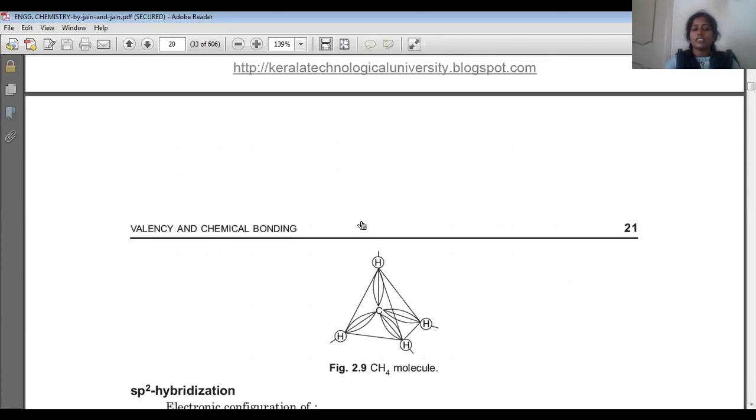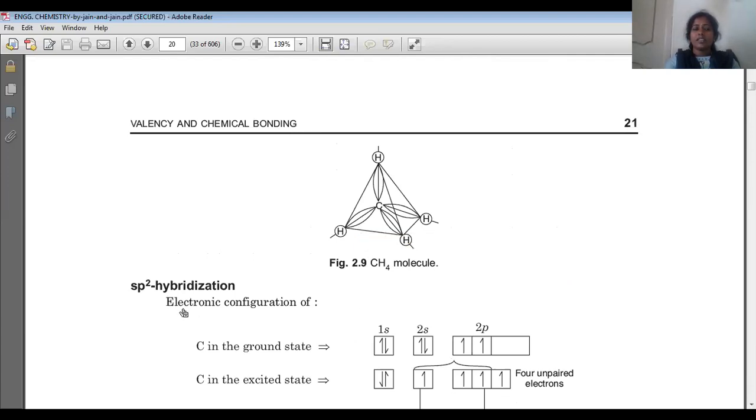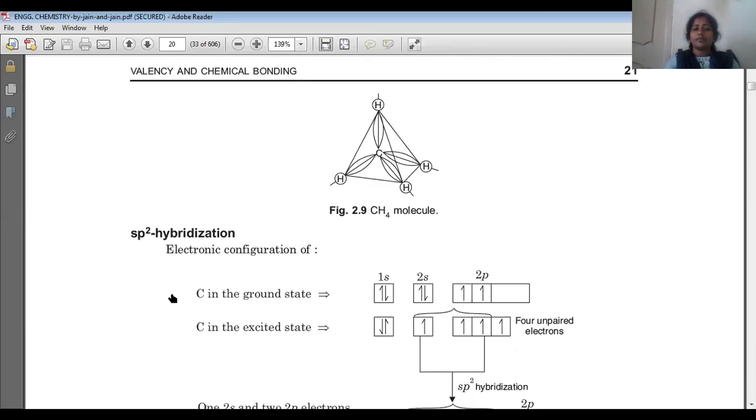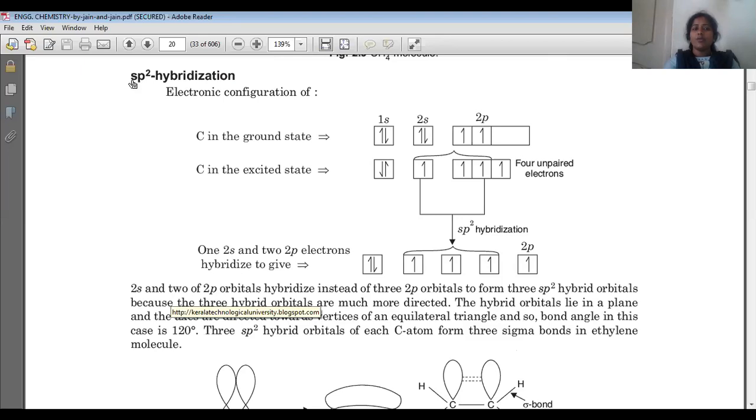Now we are going to discuss the second one, sp2 hybridization. sp2 means one s orbital and two p orbitals intermix, so that we get 3 hybridized orbitals of equal energy. As we already know the ground state and excited state configuration of the carbon atom, we again consider only the valence electrons of 2s and 2p.